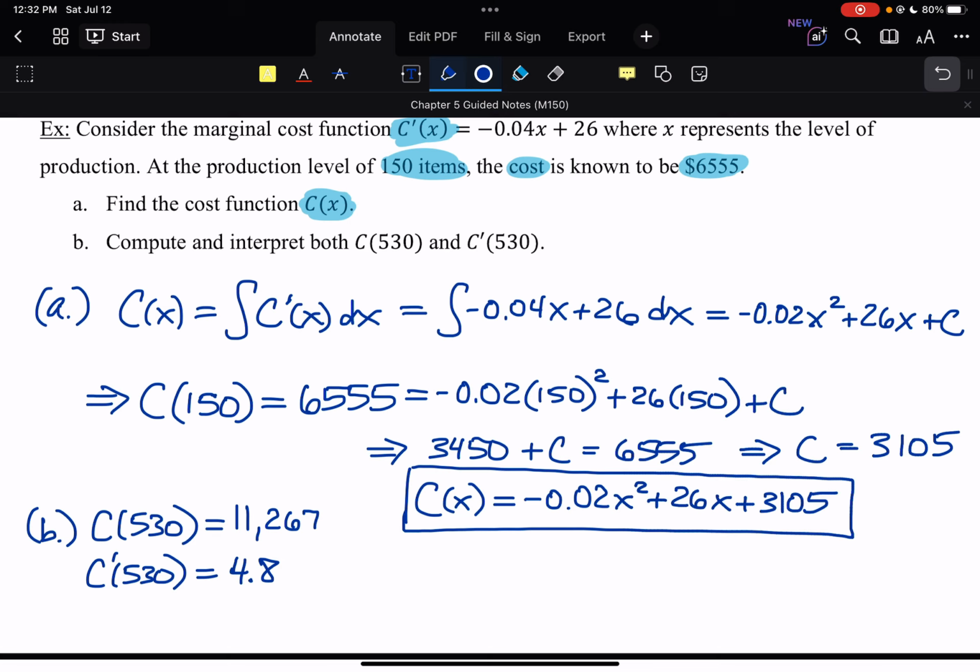So when we interpret, let's put this into a statement. The cost to produce 530 items is $11,267.